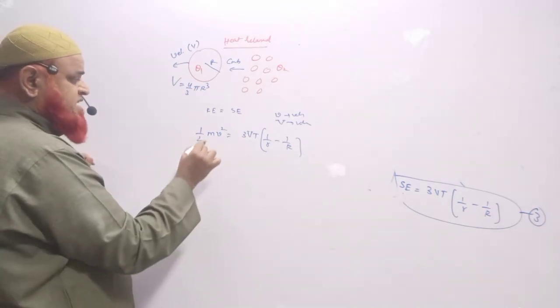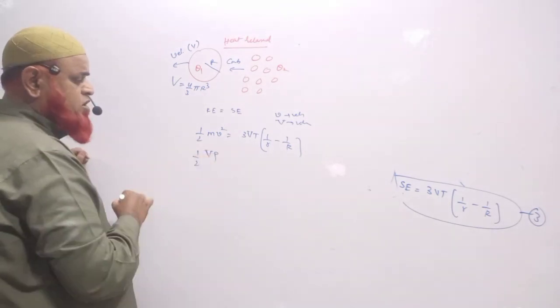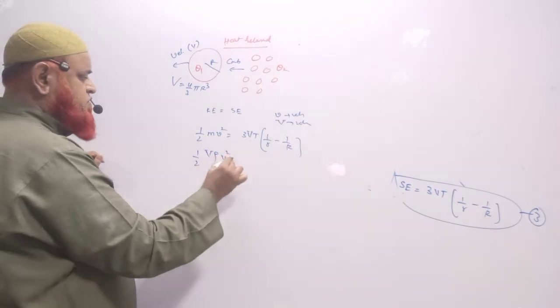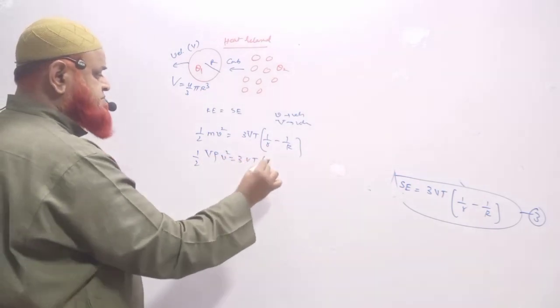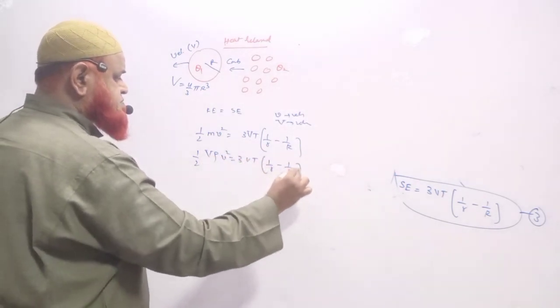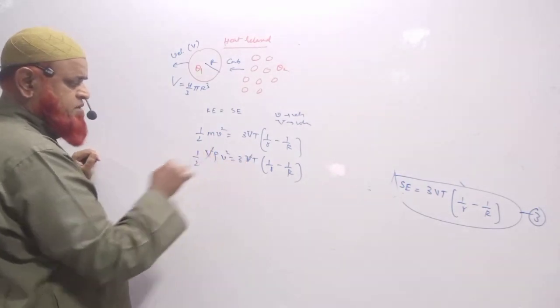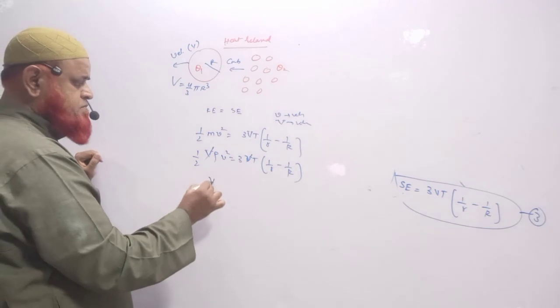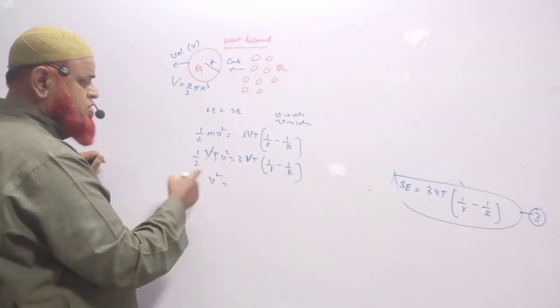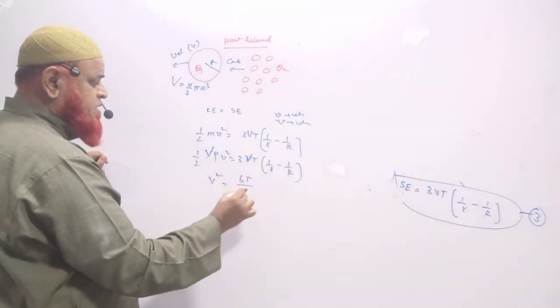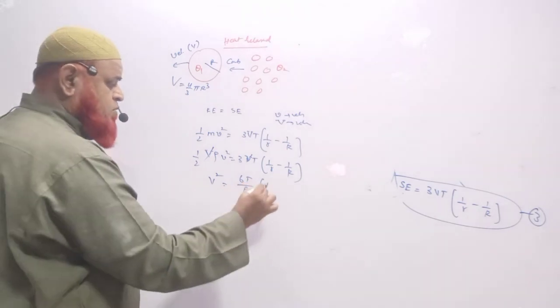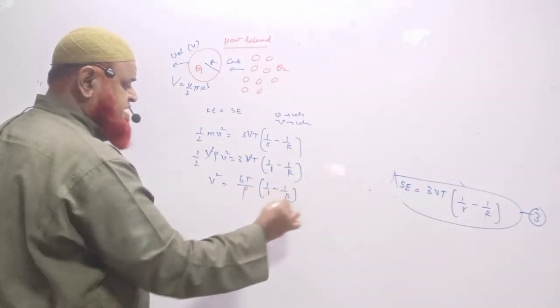Now, mass can be written as volume into density, so half V rho v square equals 3VT (1 by small r minus 1 by capital R). This is capital V and this is also capital V, so both get cancelled. So v square is equal to 6T by rho (1 by small r minus 1 by capital R).